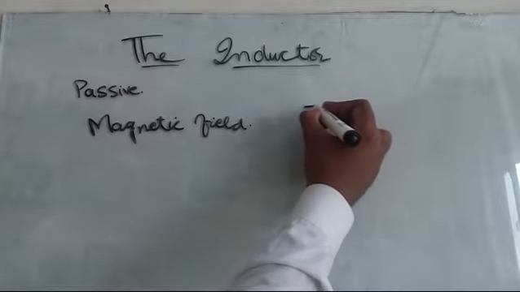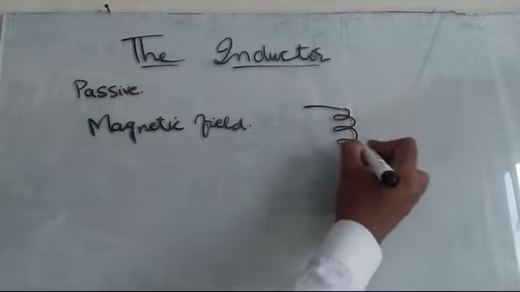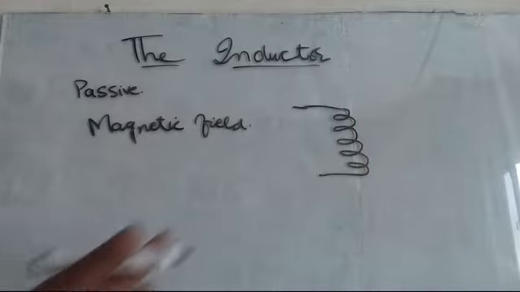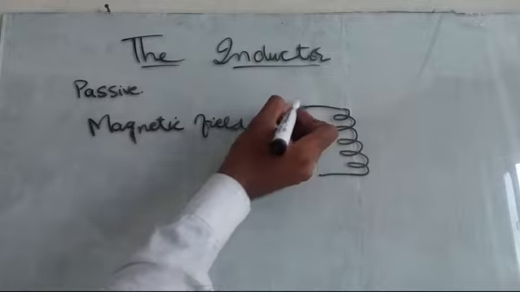An inductor can be represented like this. As we know, when a current is flowing through a wire, there will be a magnetic field around it.